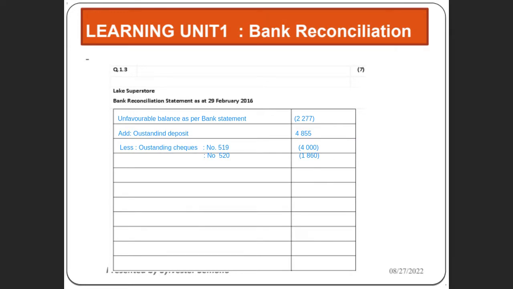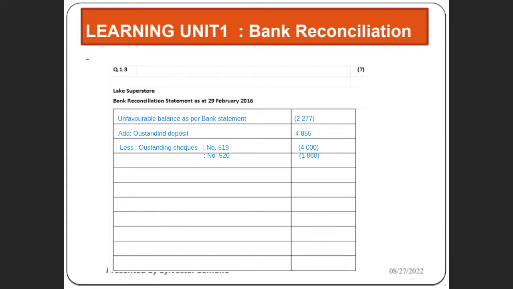So what we need to do, we need to go and correct the error. How you call it doesn't matter, but for me, I prefer just writing correction of error, put the check number, that's all. Or you can say credited amount wrongly debited, it is up to you.